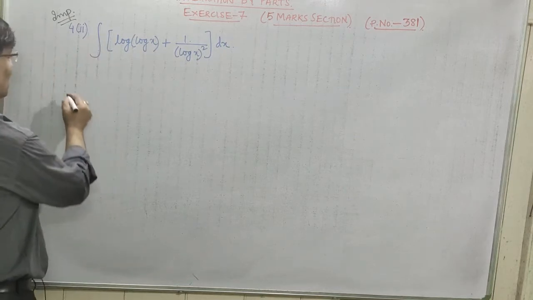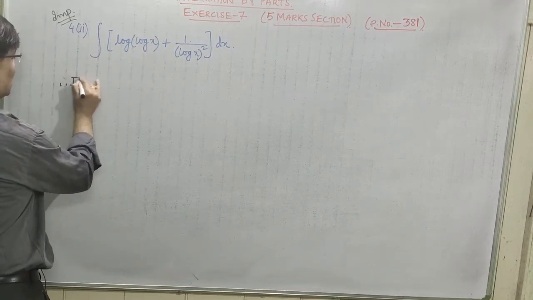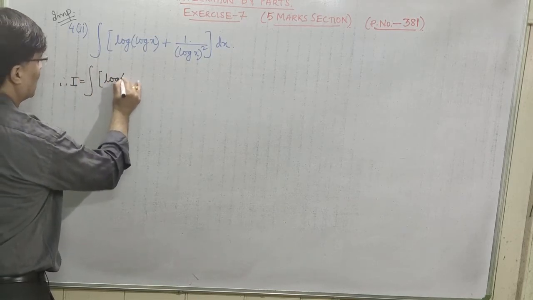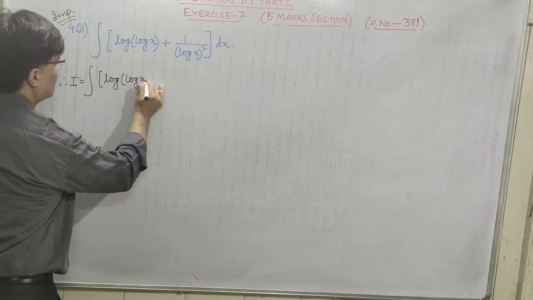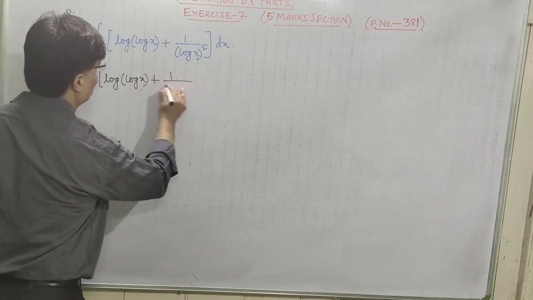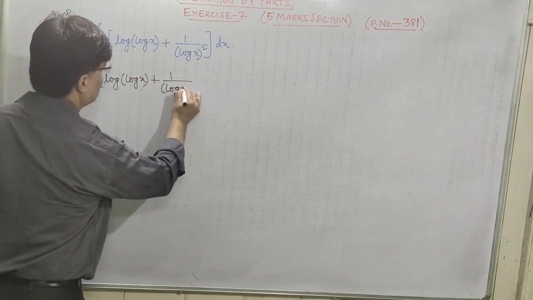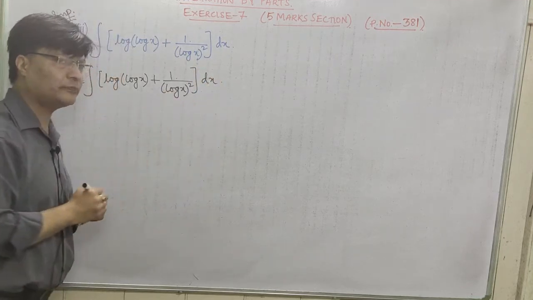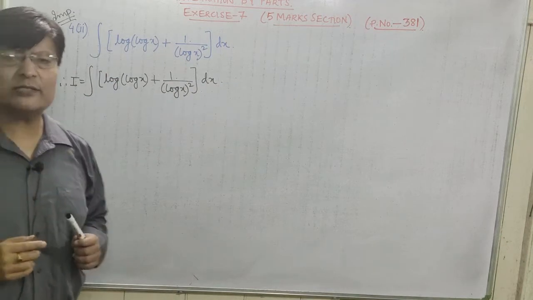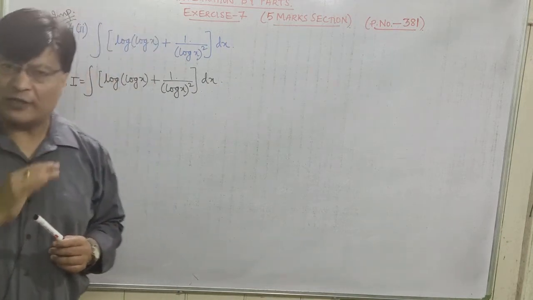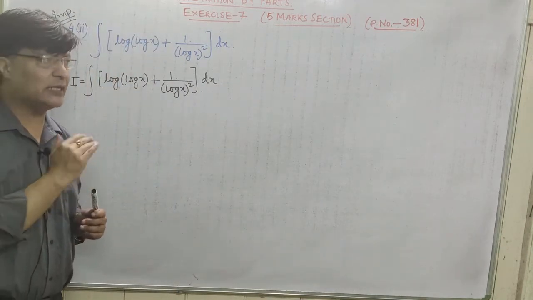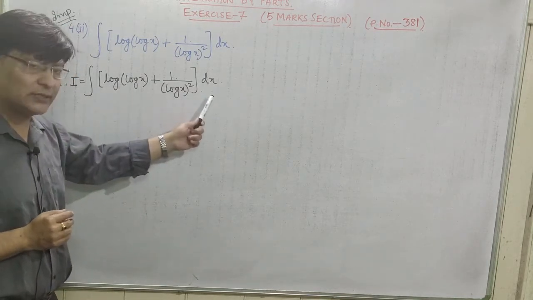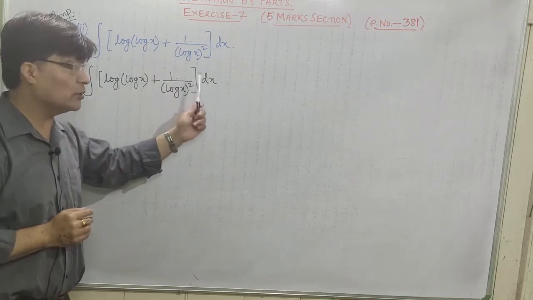Okay, so now let us write first I is equal to integration of within third bracket log of log x plus 1 upon log x whole square third bracket is closed dx. So in this case also, first of all you have to separate this integral sign and dx, that is it will be integral sign log of log x dx and integral sign 1 upon log x whole square dx.